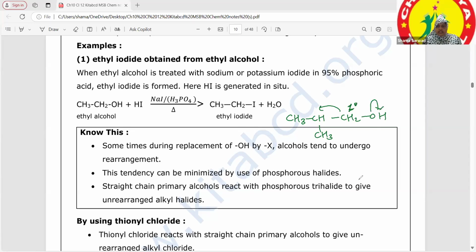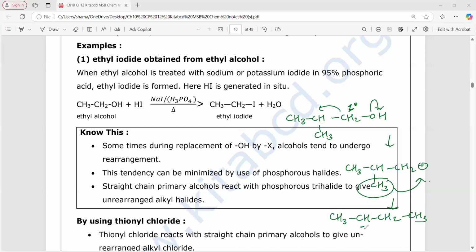When this OH leaves from the compound, it will generate a carbocation, CH3, CH, CH2 with positive charge, and this CH3 would be here. Now, a primary carbocation is not stable. Because of that, this CH3 would shift and create a secondary carbocation. That means it undergoes rearrangement, correct?